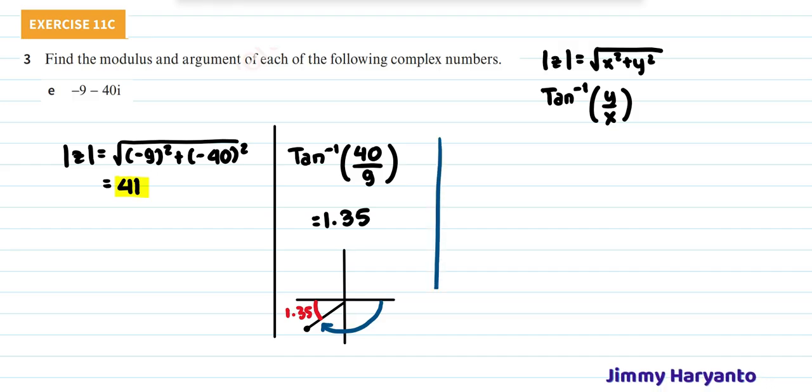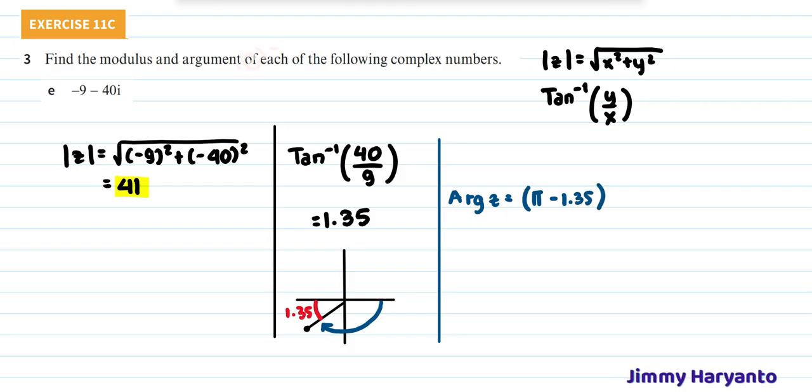That means the argument of z is pi minus 1.35, but in the clockwise direction, that means negative, equals negative (pi minus 1.35), which equals negative 1.79. Okay, so every time you want to find the argument, you have to draw the complex number first.